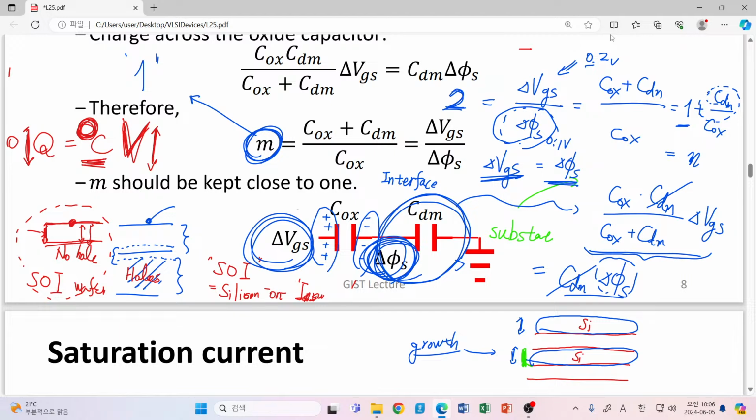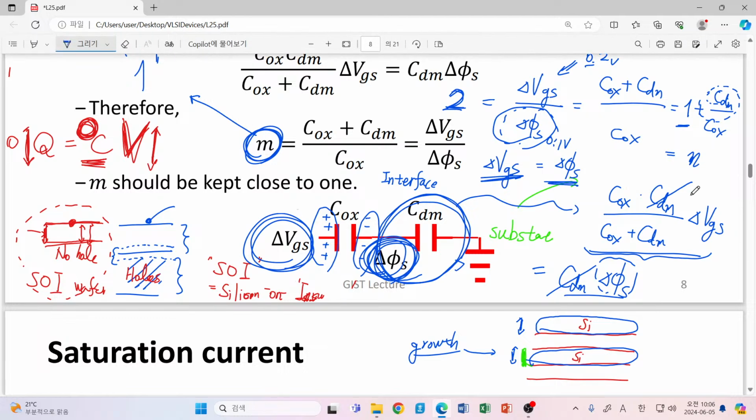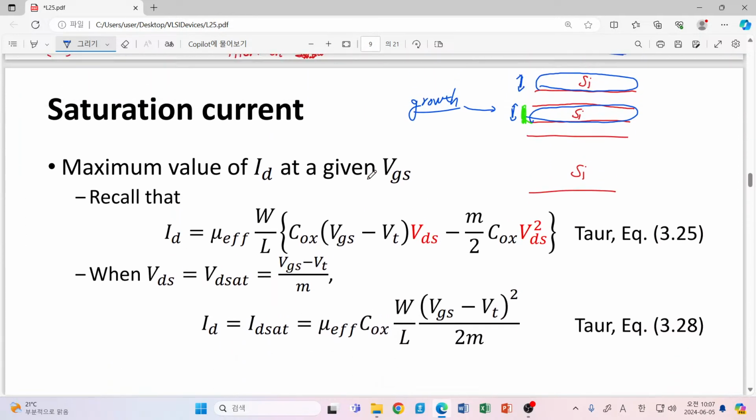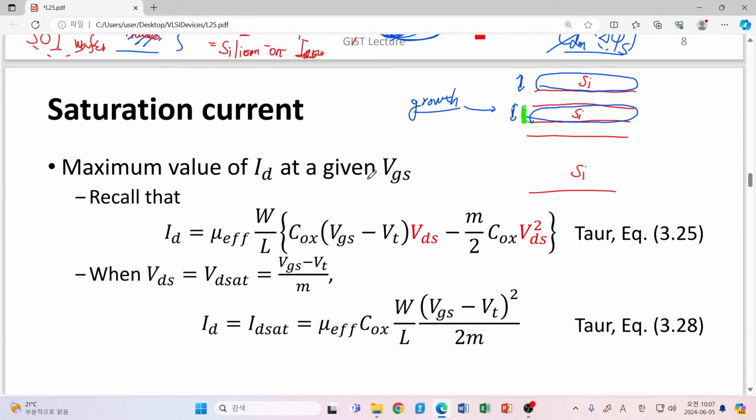Okay, so anyway, the physical meaning of our M factor is just the control efficiency of our surface potential by our gate potential. So if you can understand, I think that today's lecture delivers its main message. After that, now you can go to the saturation current.